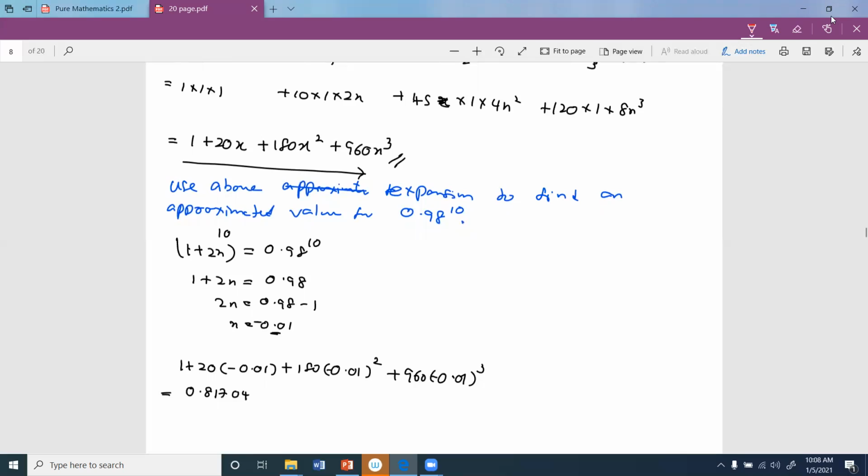The actual answer is 0.8170728069. So that is the exact answer. You can see these answers are almost similar. Therefore you can use this binomial expansion to get an approximated answer as well. That is a way of doing this kind of question.